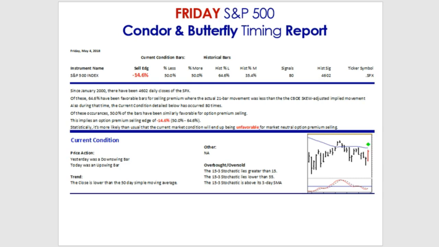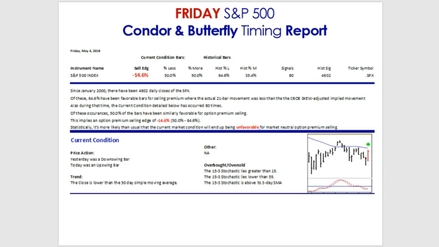Of those, 4,602 to be precise, 64.6% of the bars have been favorable for selling options premium, for Condor and Butterfly type traders, market neutral premium selling, because the actual 21 bar subsequent movement turned out to have been less than what the option prices were implying through their time premium.